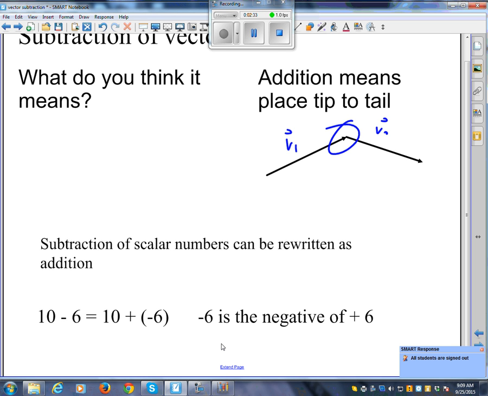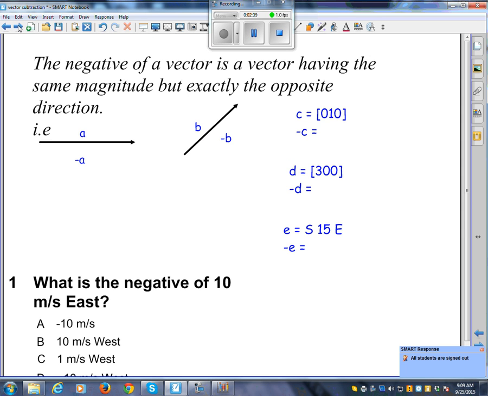Adding the negatives. Can we use that idea in vector subtraction? And the answer is yes. The negative of a vector is a vector having the same magnitude, but exactly the opposite direction. Exactly the opposite. Okay, so for example, if vector A is to the right like that, well then negative A is going to be to the left, like that.